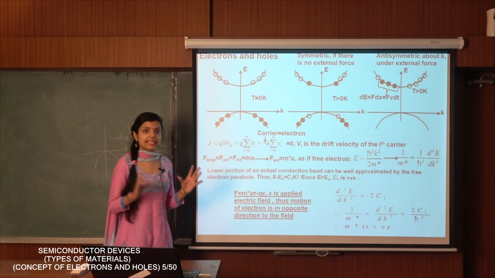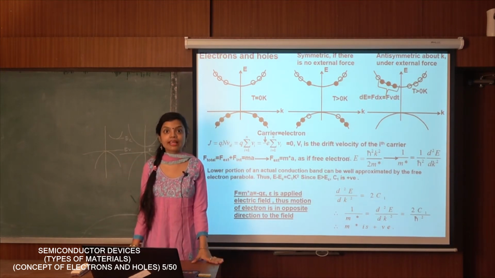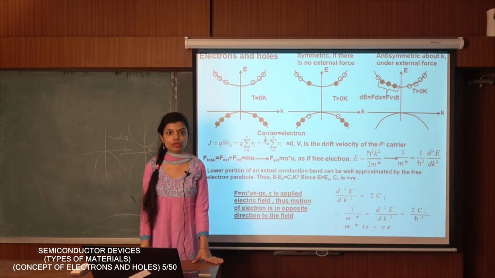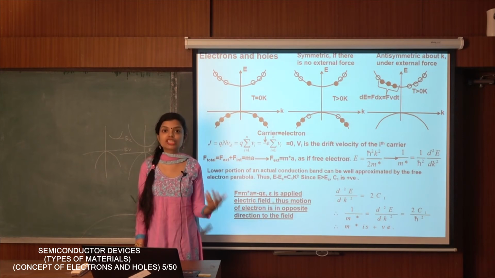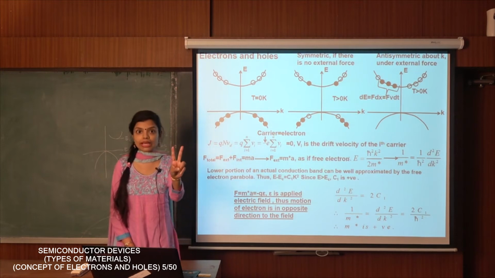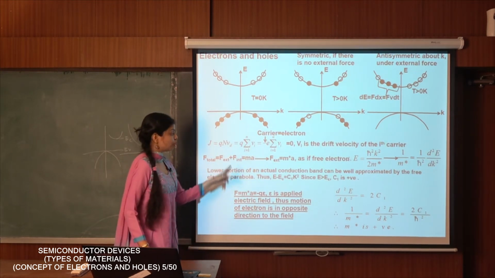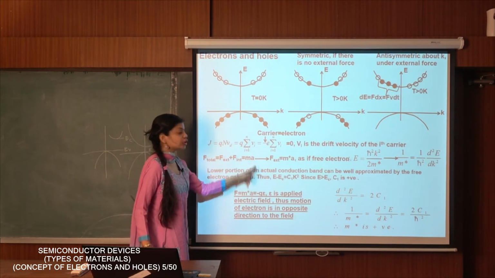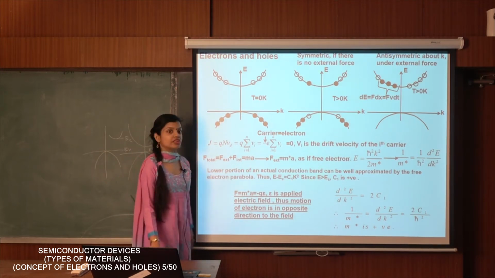Now, inside an atom, when there exists an electron, apart from the external force due to the applied voltage or electric field, it is also facing some kind of internal force, a repulsion from the other electrons and an attraction from the nucleus. Therefore, there are two types of forces, F external and F internal. Both forces result in a motion of the electron, this being the actual mass of the electron and this the acceleration.